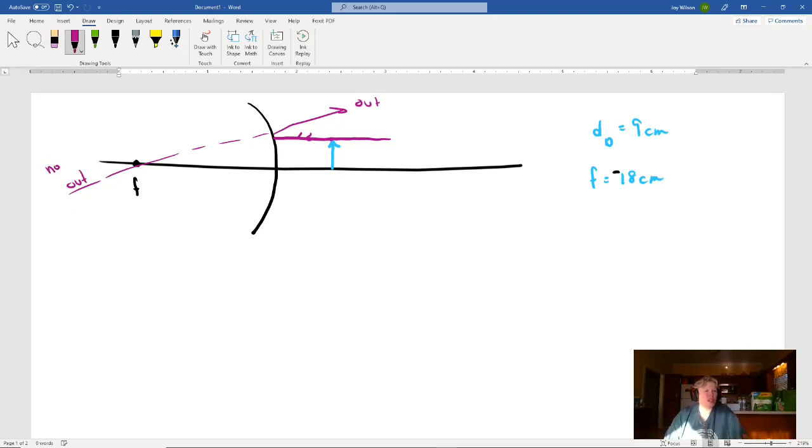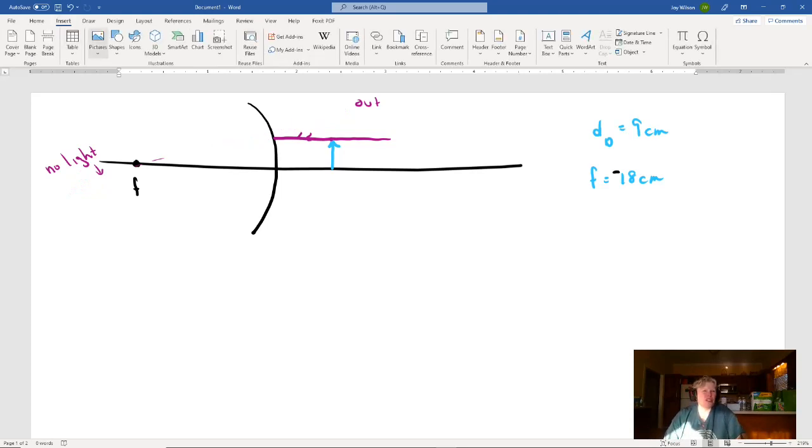but there is actually no light here. It just gives us the angle at which this outgoing ray will match up.